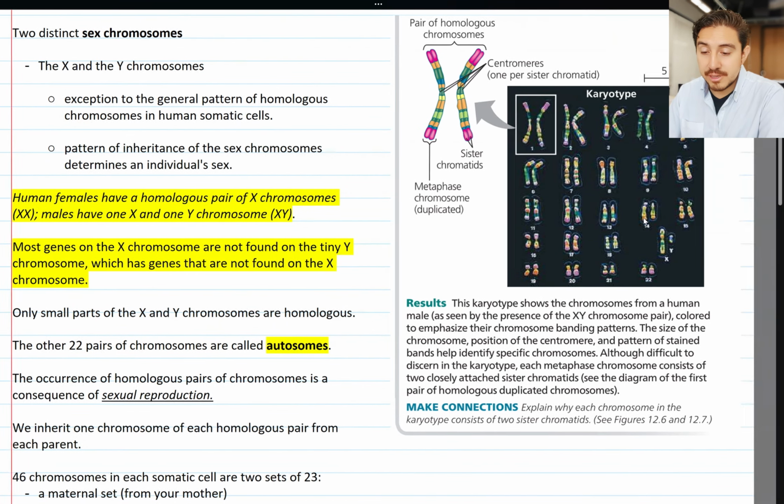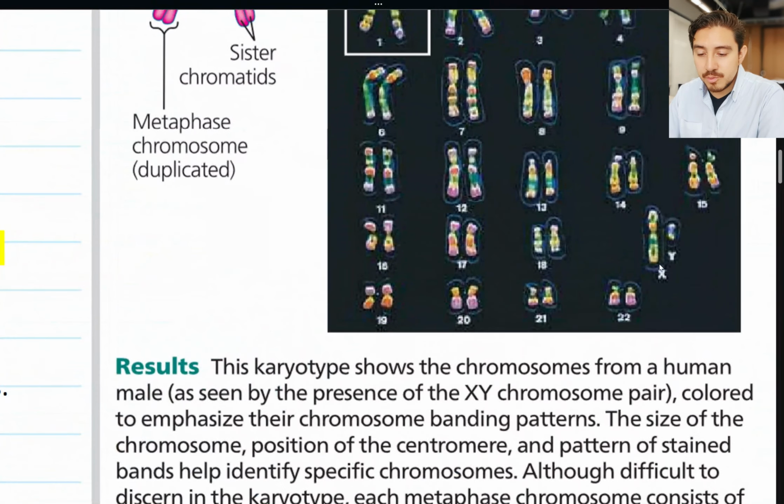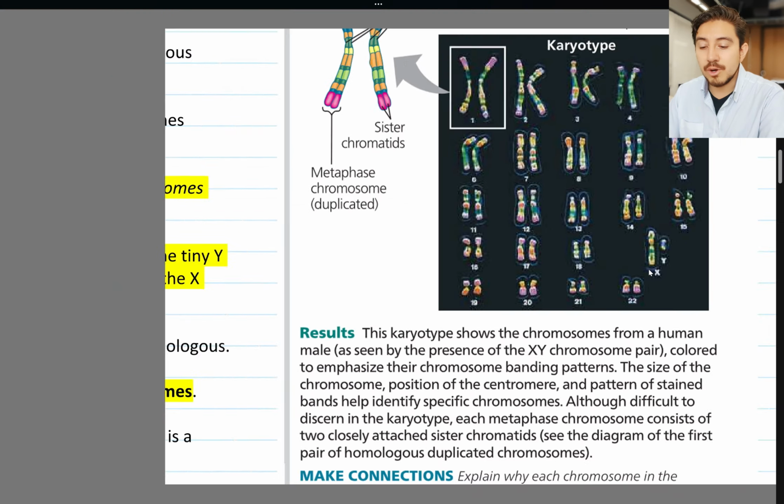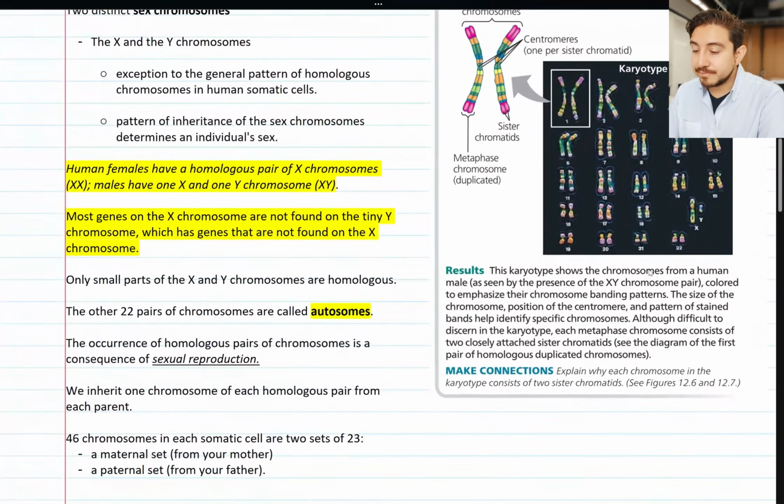In this particular case, this is a male individual just because you have these two here. If it was a female, you would have 2 of these particular structures that I'm circling with my mouse here. But since it's a male individual, you have X and Y.